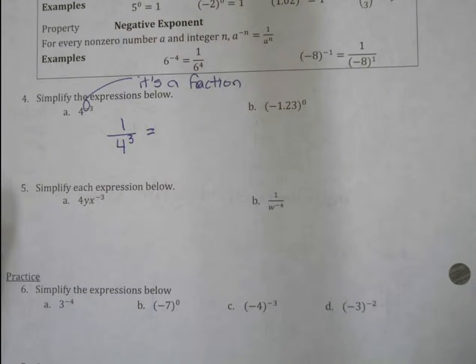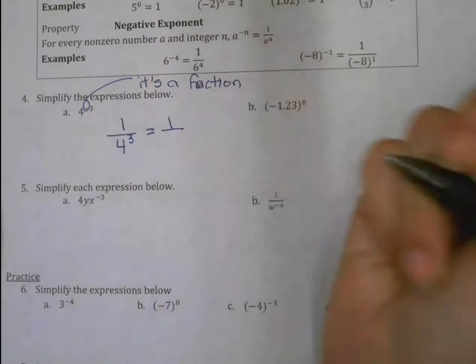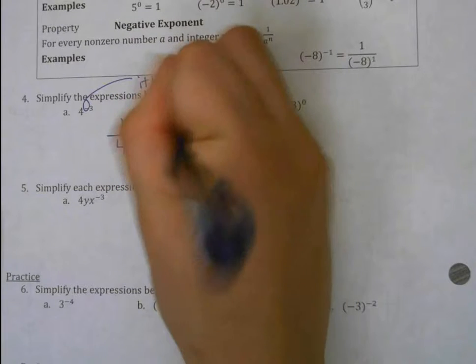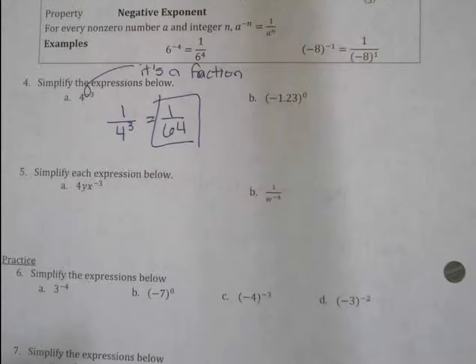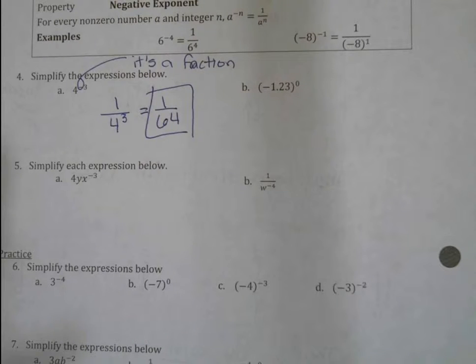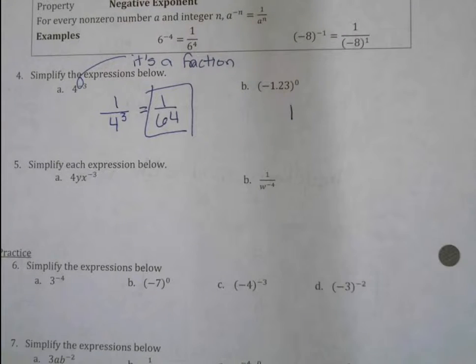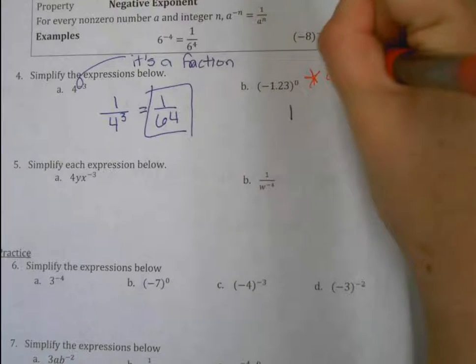What's 4 times 4? 16 times 4 is? 64. So my answer is 1/64. Okay, what about B? What's my answer going to be there? This time it's got 0 as an exponent. I heard someone say it's 1. So anytime the exponent is 0, the answer is 1.